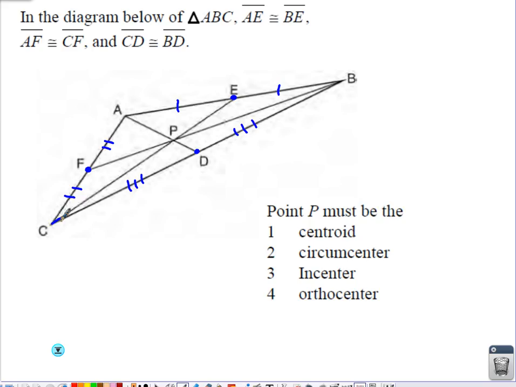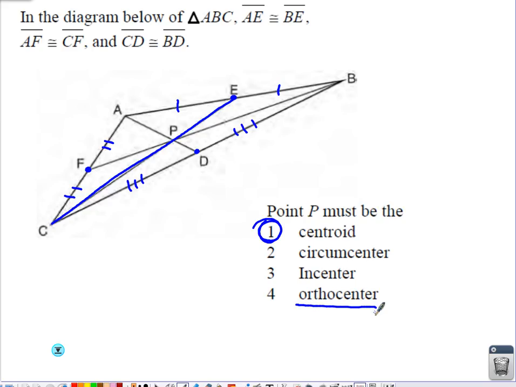So it looks like you're drawing a line from the angle to the midpoints. Point P must be a centroid. You just drew three medians. A median goes from an angle to a midpoint, so that would make it a centroid.